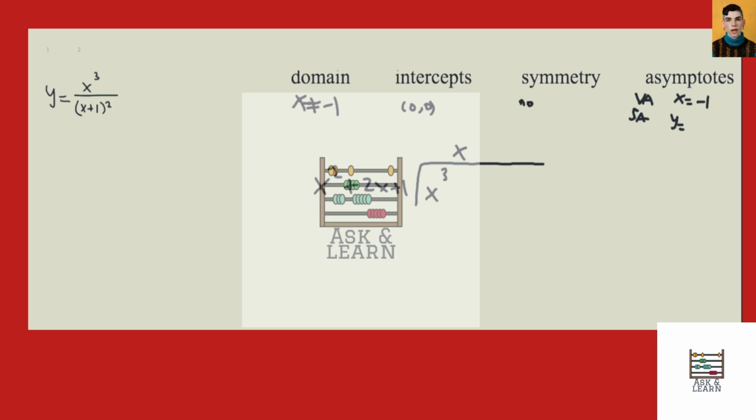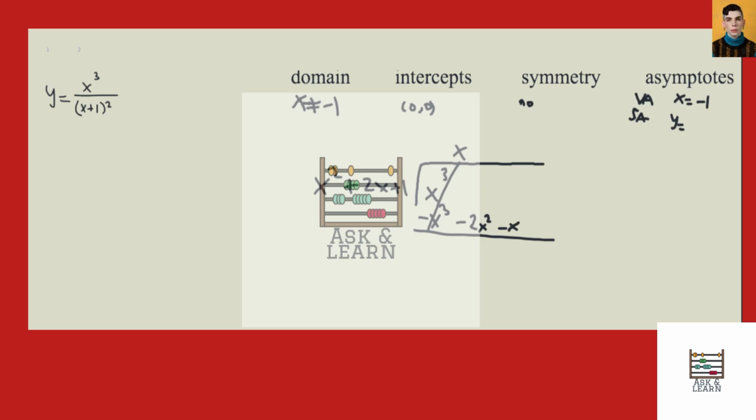X times x squared would normally be x cubed, but we're going to change the sign to cancel the first term. Okay, so the first term cancels. X times 2x, switch the sign, minus 2x squared. X times 1 is going to be, and then we switch the sign, minus x.